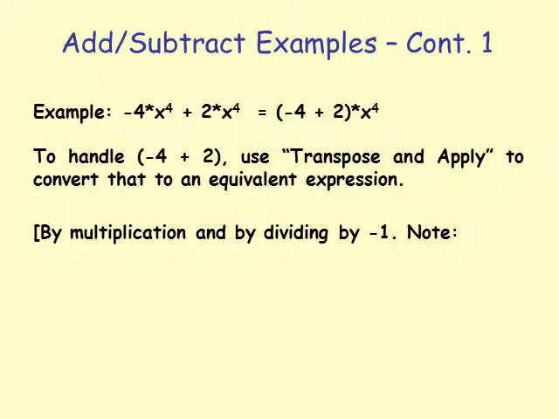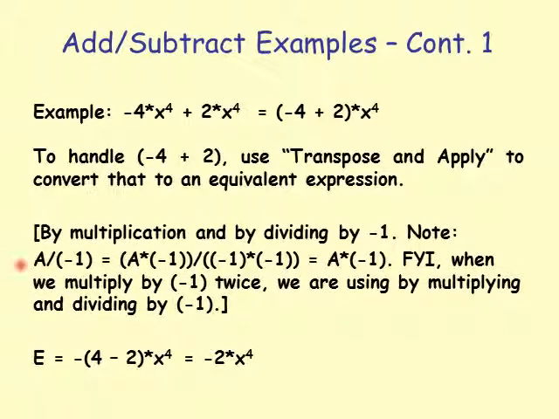Let's continue here, and look at that. If we are trying to divide a by minus 1, and if you multiply and divide again by minus 1, you see that in the denominator we get plus 1, so a divided by minus 1 is equal to a times minus 1.